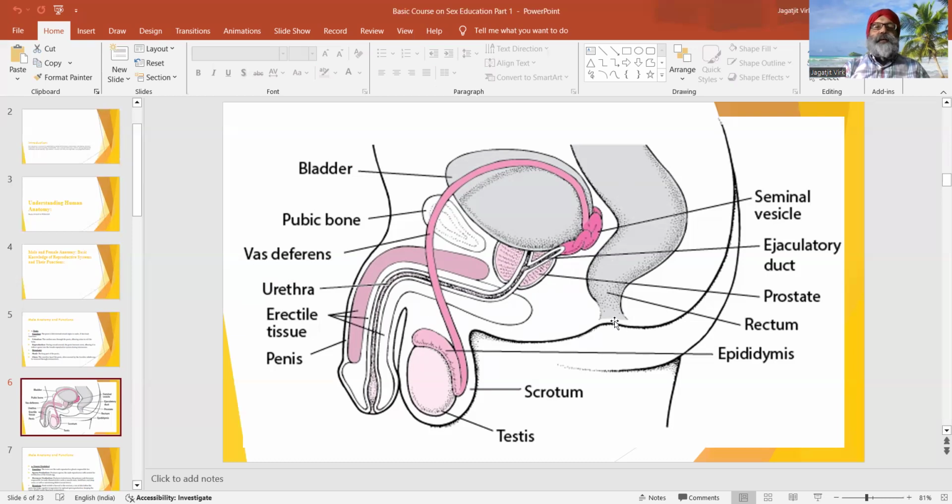This is the whole anatomy of a male person.